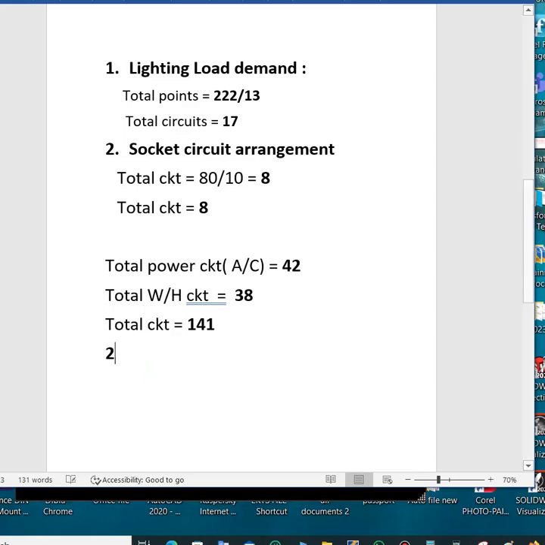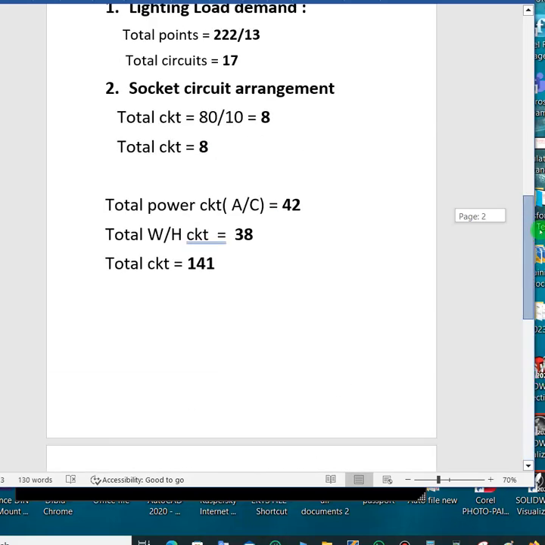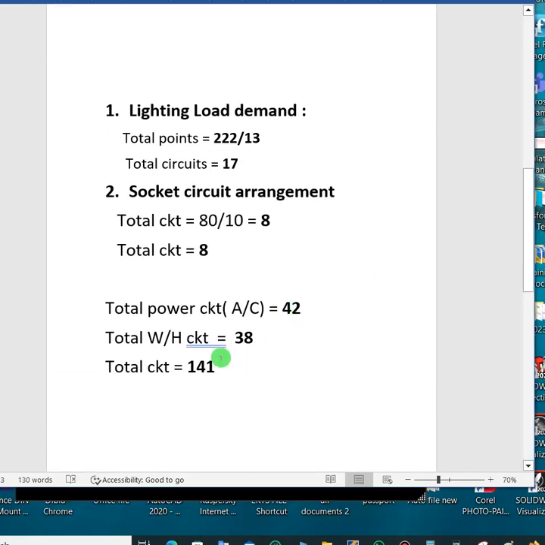So let's go. If we have this 141, which distribution board do we want to use? So let's go back here. Okay. All right. Oh, sorry. We have this. Just get your calculator.